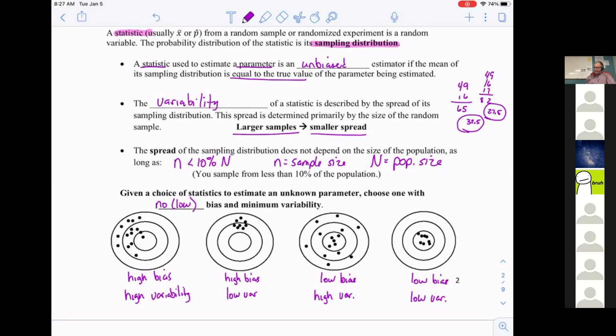I can't say we're ever going to see a diagram like that on the AP exam and have to talk about variability and bias, but it's just a visual description of what we're trying to do here. We want very little bias in my sample, and we want it to be large enough so that we have low variability.